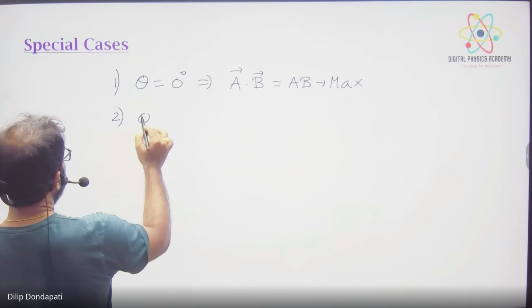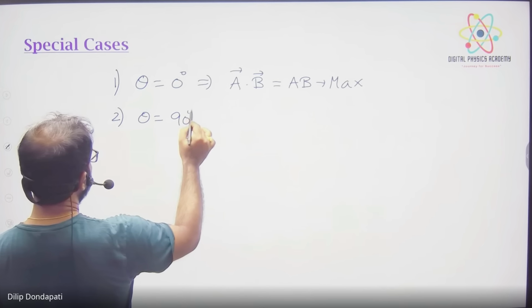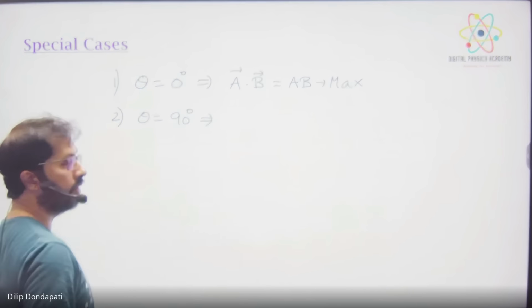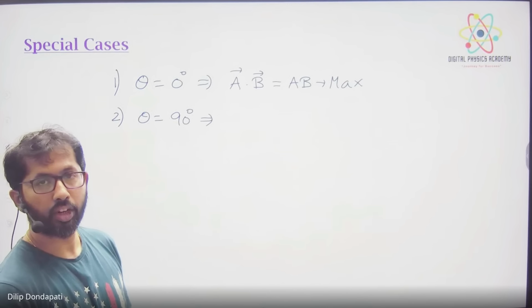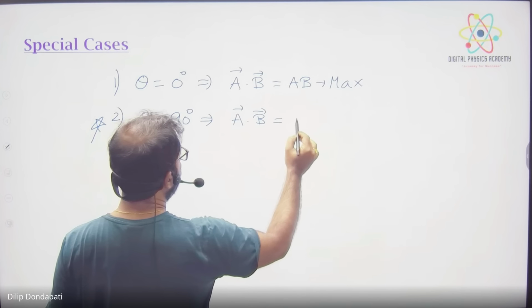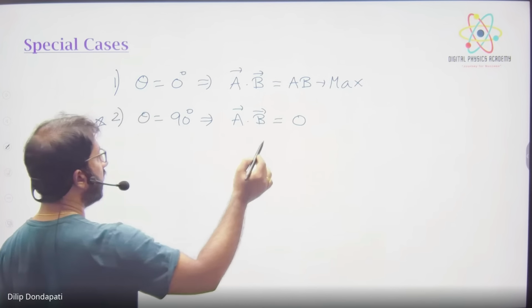Right? Now tell me when theta is equal to 90 degrees. How much A dot B will be? 0. मतलब very important. ये वाला बहुत important केस है. When the angle between two vectors is 90, A dot B is 0 because mod A mod B cos 90 is 0.